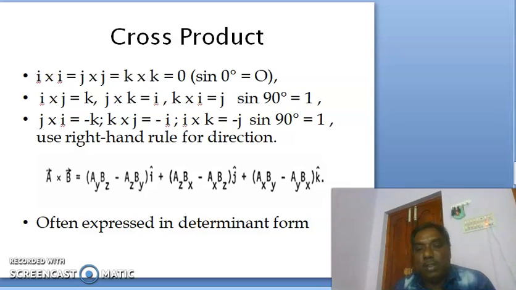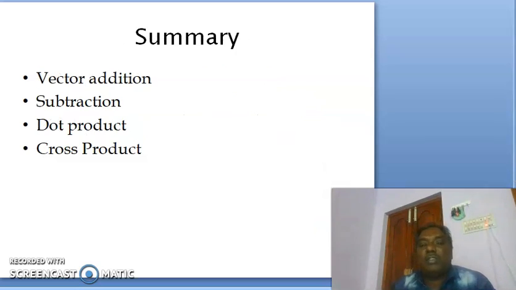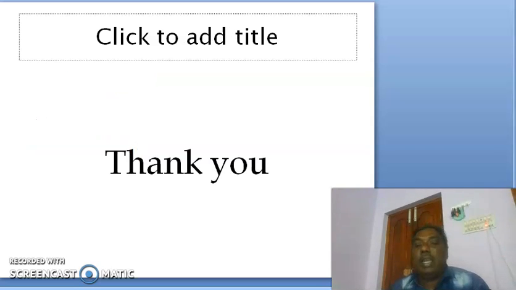With this, we'll stop the lecture today. What we have seen are vector as a force, vector addition, vector subtraction, dot product, and cross product. We have more things to see about the force vector, but for today we'll stop here. Thank you.